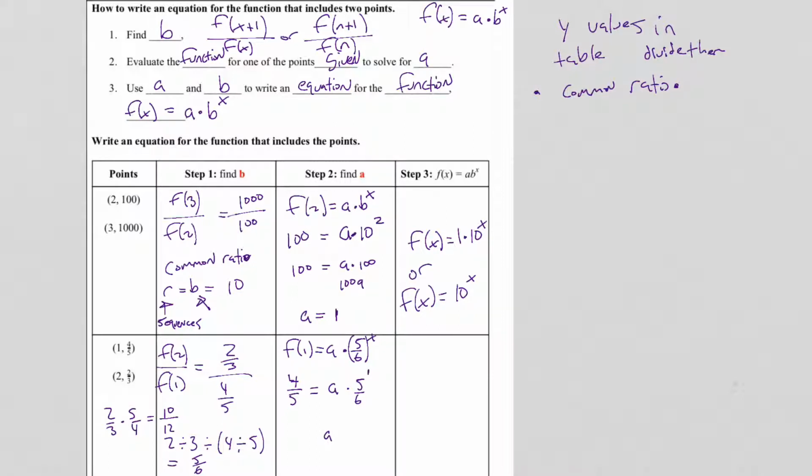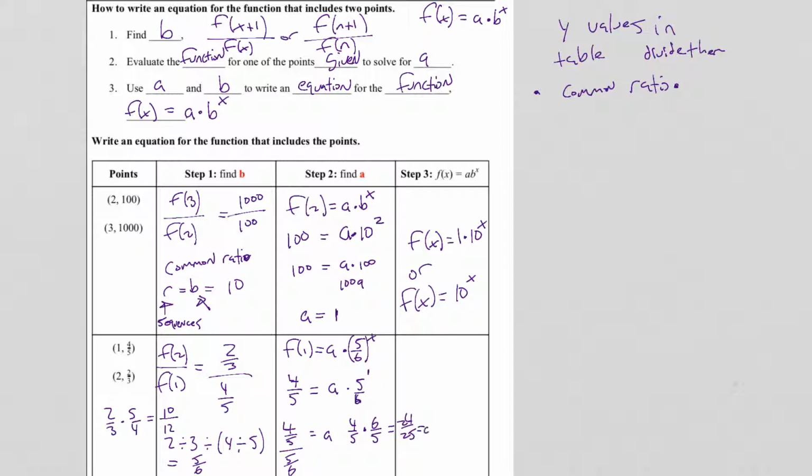So then A is equal to 4/5 divided by 5/6, which makes A equal to, bear with me a moment. 4/5 divided by 5/6 is the same as multiplied by 6/5, which is equal to 24 out of 25.